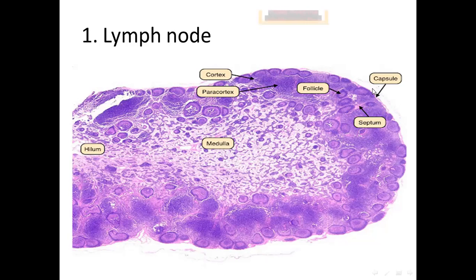So it divides the node into incomplete compartments. Also, the capsule is very thick at the side of the hilum, as the vessels enter the substance of the node. They are also surrounded by a connective tissue sheath.